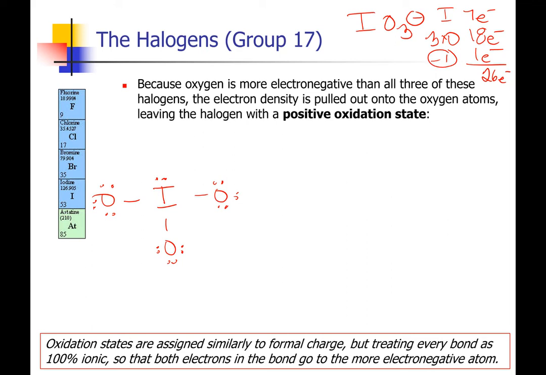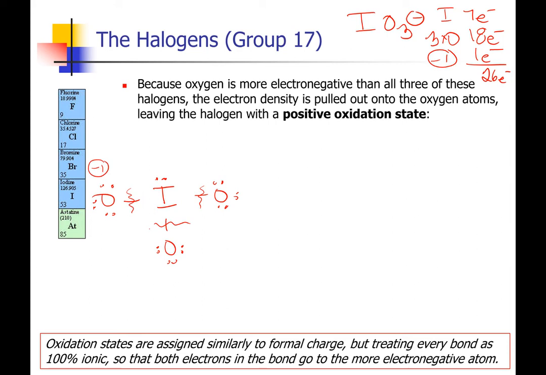And we know that we count formal charge by imagining breaking each of those bonds perfectly evenly down the middle and giving 1 electron to each atom, which would then give each of those oxygen atoms 7 electrons when a neutral oxygen has 6.